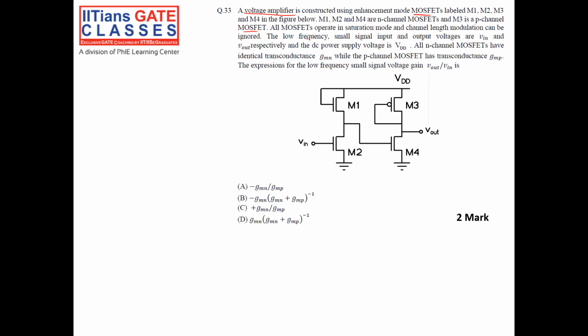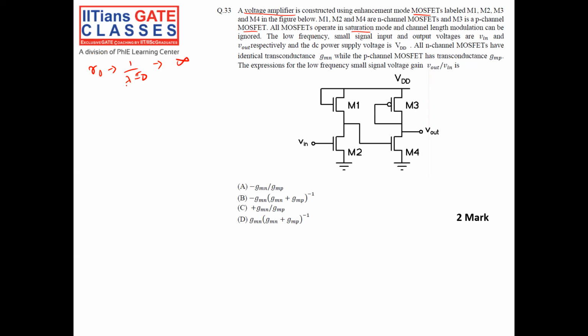All the MOSFETs are operating in saturation mode. Channel length modulation can be ignored. That means output resistance R0 equal to 1 by lambda ID should be ignored, and ignored means lambda is equal to 0, R0 is equal to infinity. This is the meaning of ignoring.